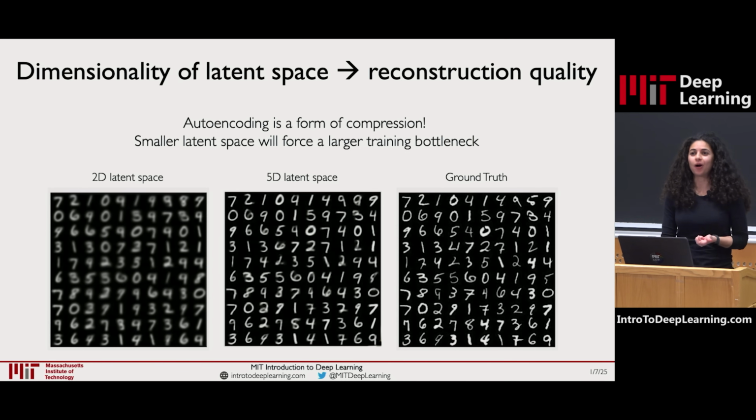Back to the question about why the dimensionality of that latent space matters. It has a huge impact on the richness of features you're able to extract and the bottleneck you place. If we think about autoencoding as a form of compression, what that means is that the lower the dimensionality of the latent space, the more we're going to compress our data, and the worse we're able to do at the reconstruction.